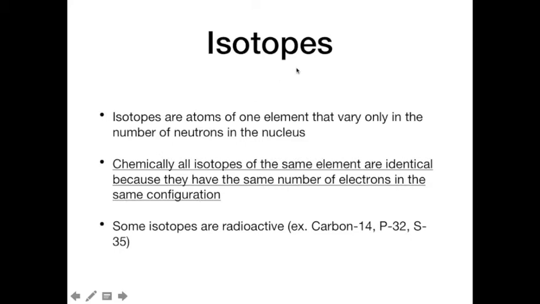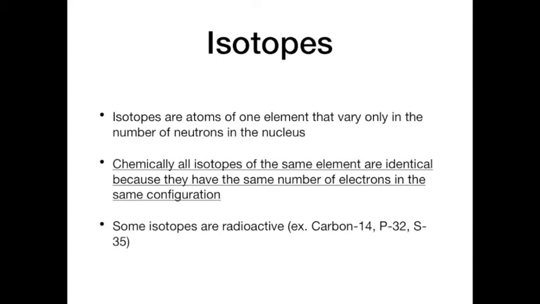Now, the properties of an element are the result of the number of electrons in the outer cell mainly, and generally how the electrons are distributed within the multiple cells. Now, all isotopes have the same electron configuration.